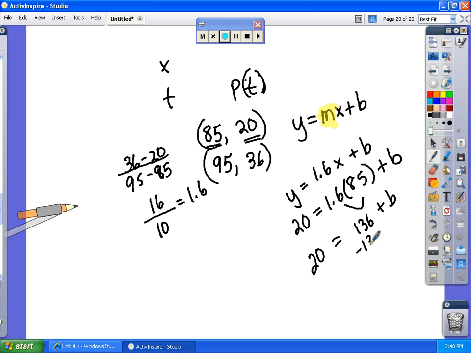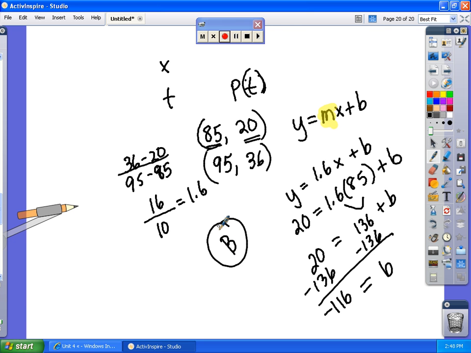And then I'm going to subtract 136 on both sides. B is equal to negative 116. So my final answer is going to be B, which is the equation that uses this slope and this y-intercept.